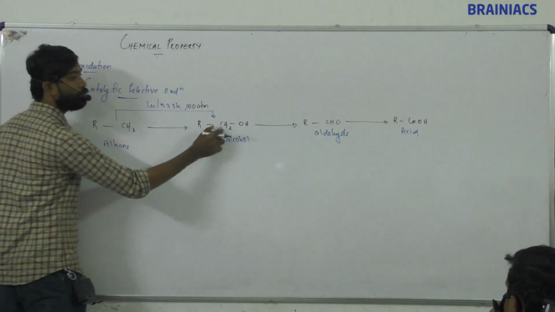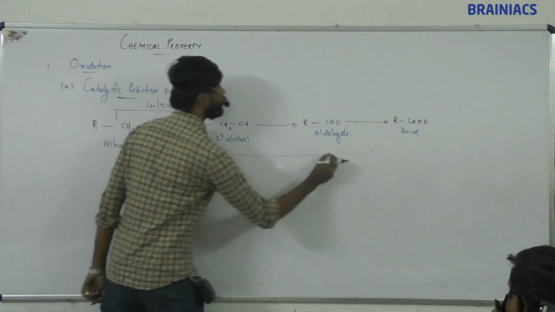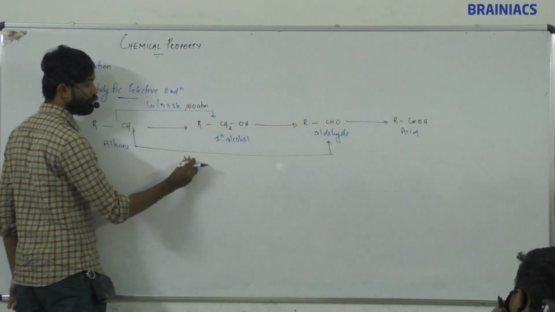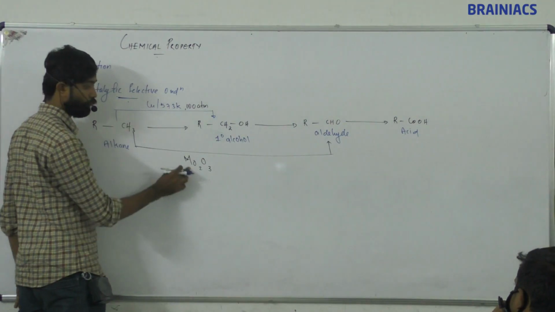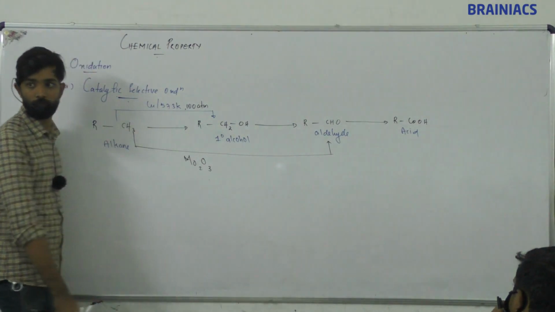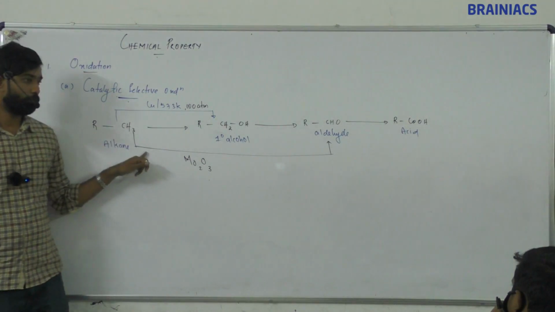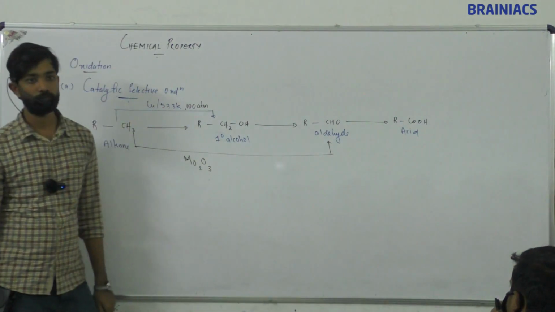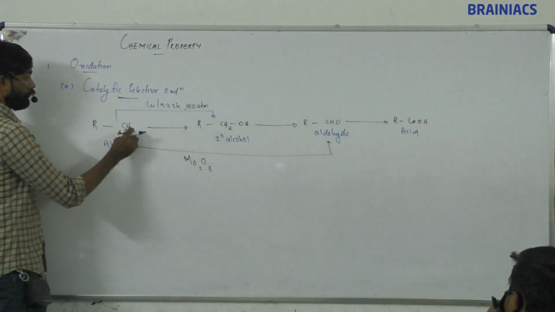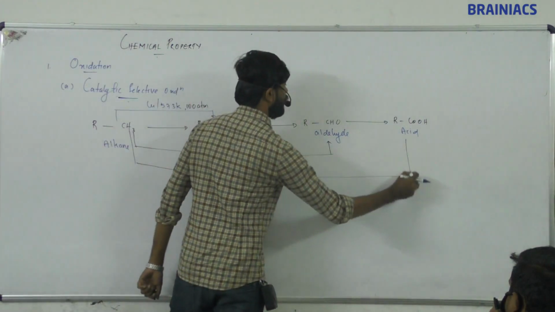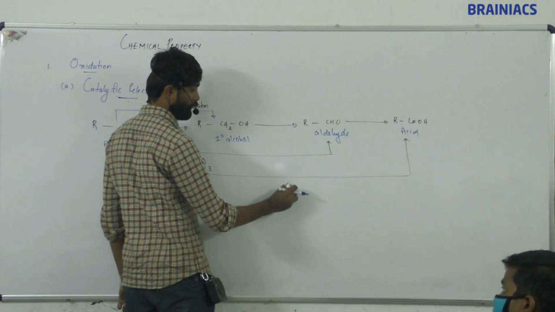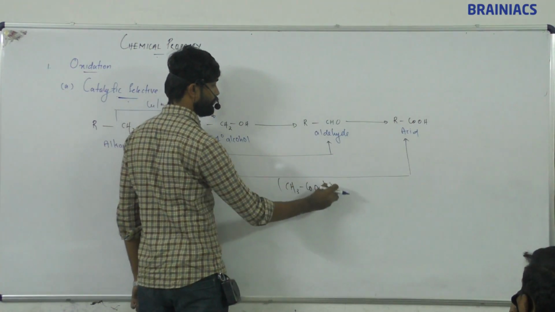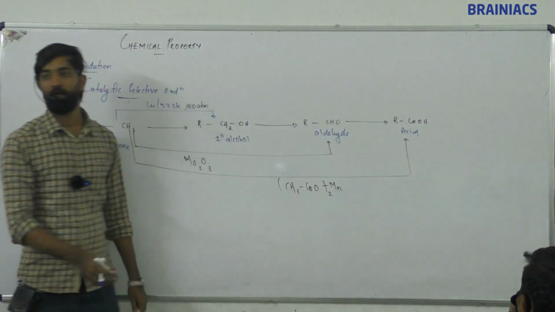But you can skip this step if you are oxidizing with molybdenum oxide, which oxidizes directly to aldehyde. Or if you have manganese acetate, (CH3COO)2Mn, the oxidized product will be acid.